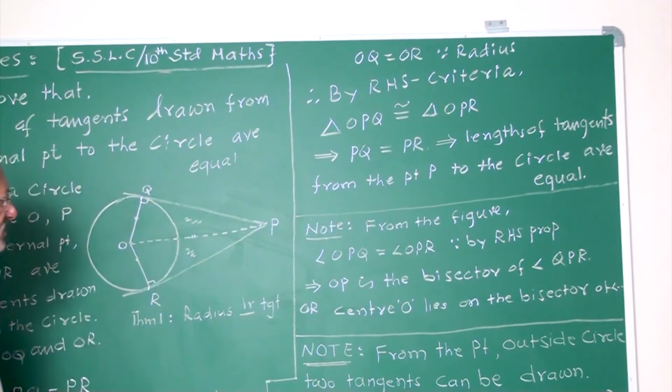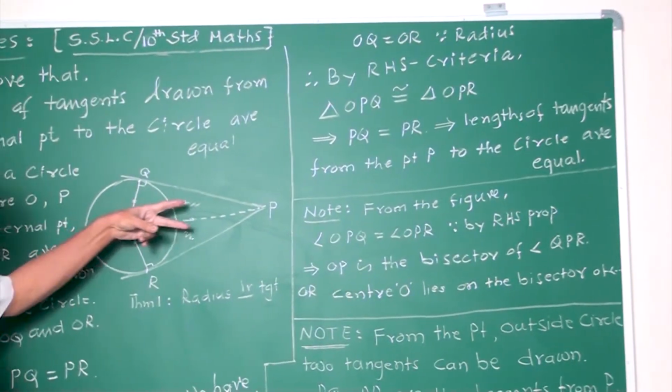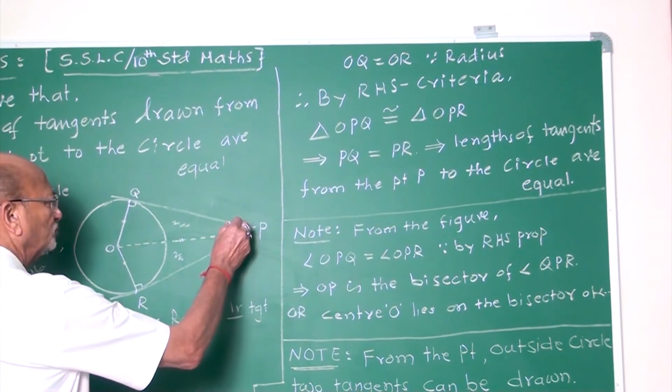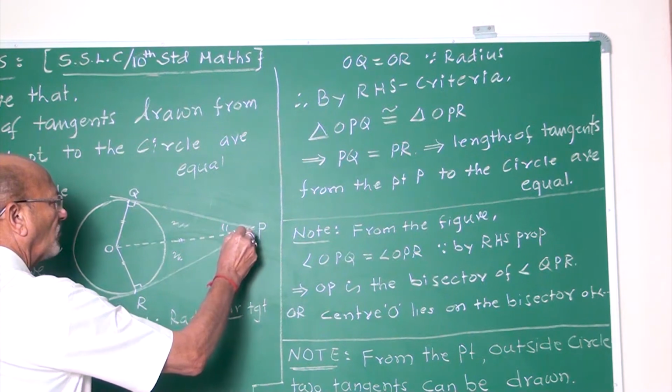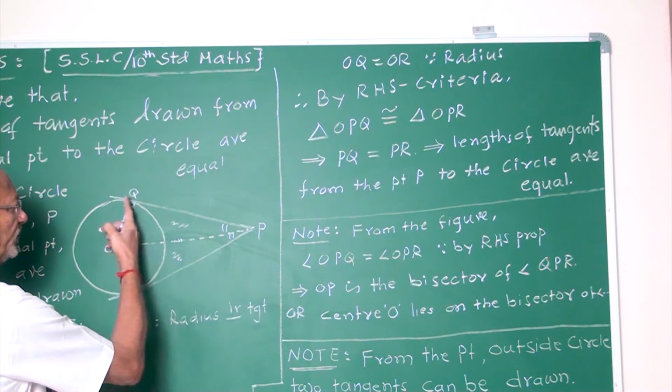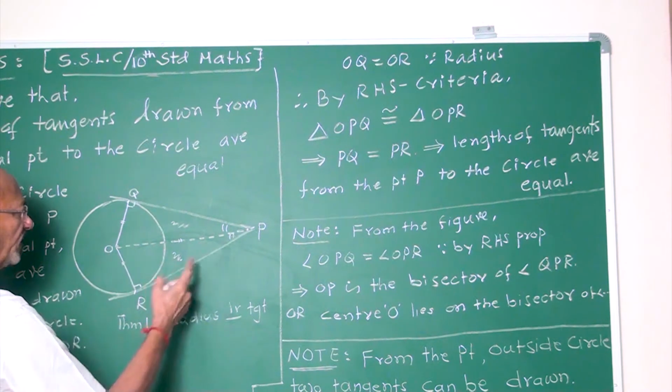Note, my friends, when these two triangles are congruent, these two angles are equal. Angle OPQ equals angle OPR.